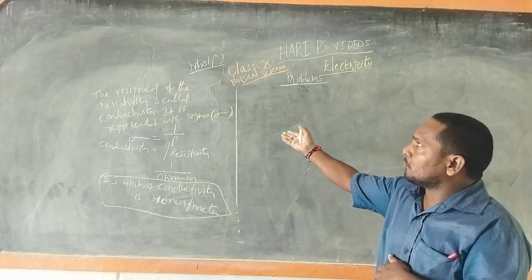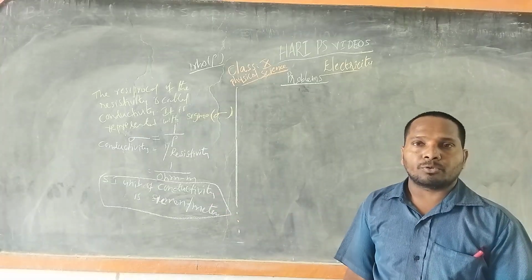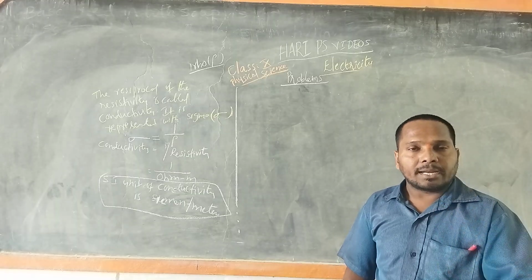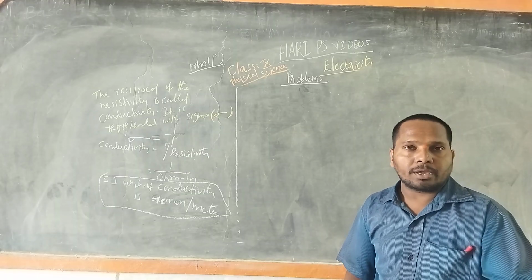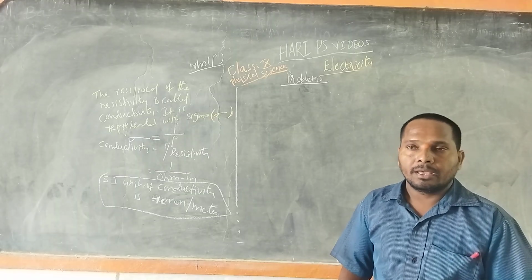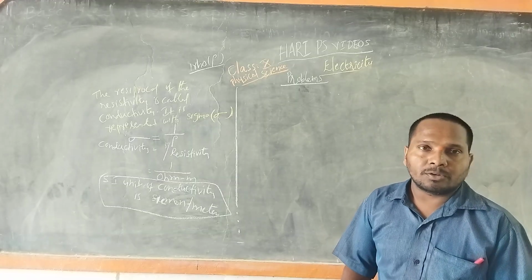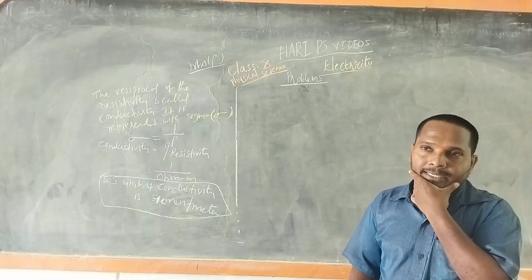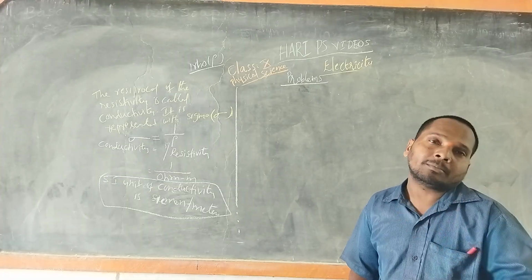So the Ohm's law problems are okay, the electric current passed through a conductor is okay, potential difference is okay, resistance also okay, but we have some difficult problems in this chapter based on circuit diagrams.